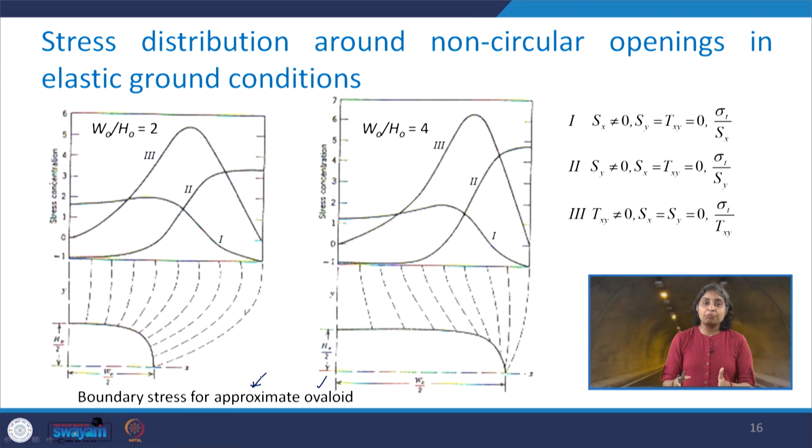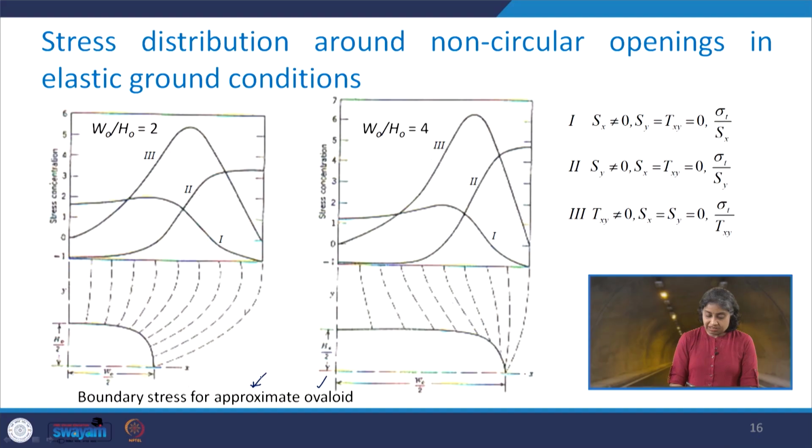A similar comparison and distribution can be seen in these two figures, which typically represent the stress distribution all along the boundary of the ovaloidal shape of the opening for two situations, for width to height ratio as 2 and 4.